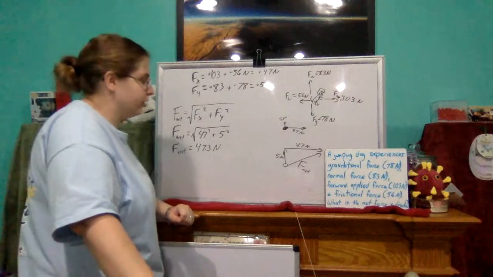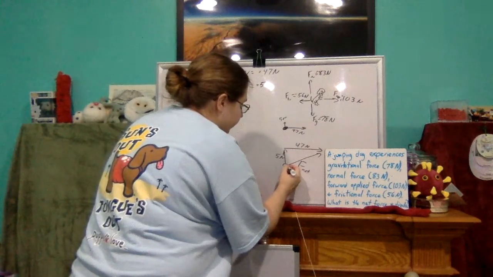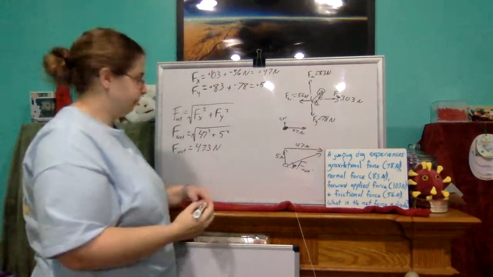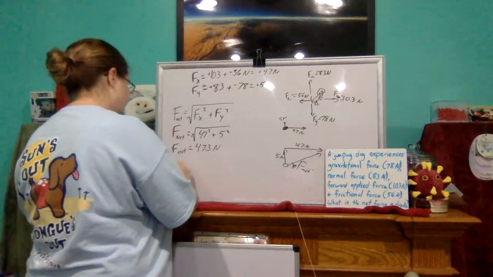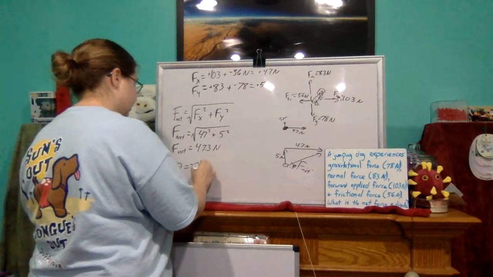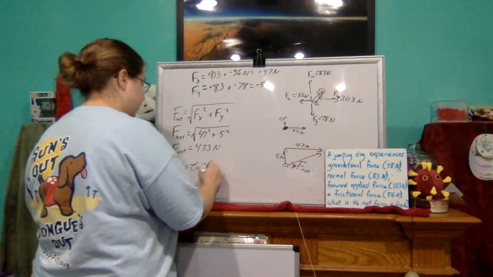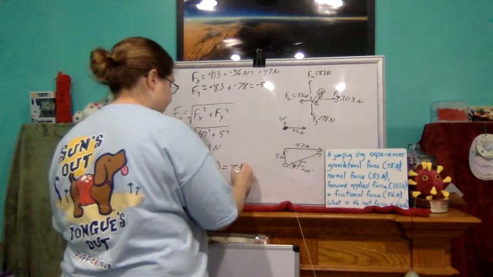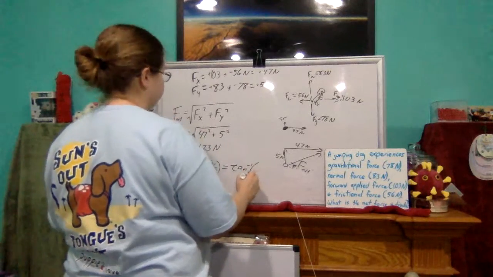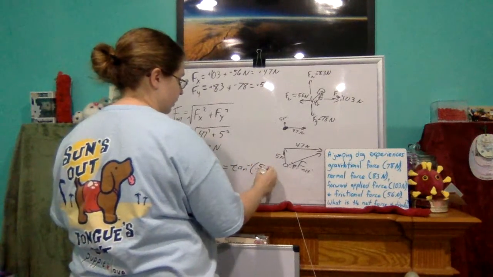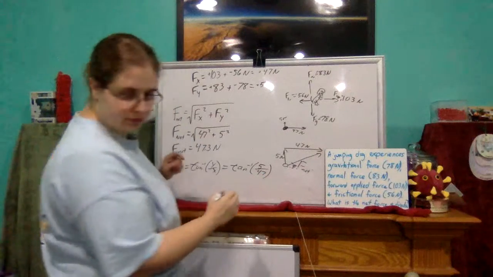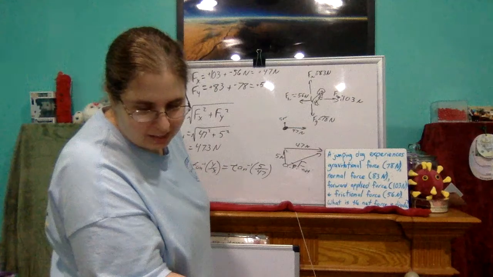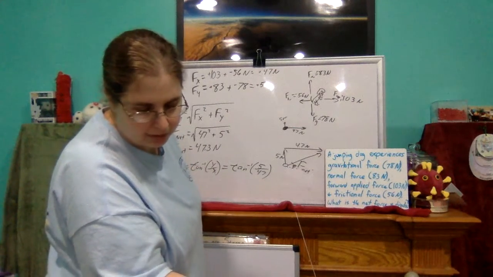We still have to find the direction. Because we want to do y over x, theta equals inverse tangent of our y value over the x value. So that equals inverse tangent of 5 over 47. This was the one that was 6.1 degrees. I apologize, I'll talk about that in a moment.